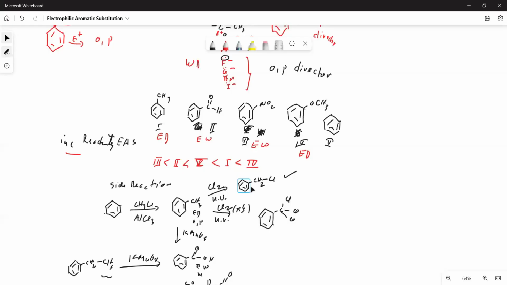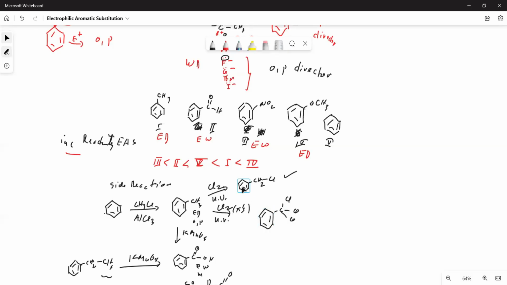And we said in our discussion on alkane that all the hydrogens can actually be replaced. That's why in free radical substitution reaction of alkane, monohalogenated, dihalogenated, trihalogenated, etc., can be produced. So if you add chlorine in excess, all the hydrogens there will be replaced. So you will end up with trichloromethylbenzene.